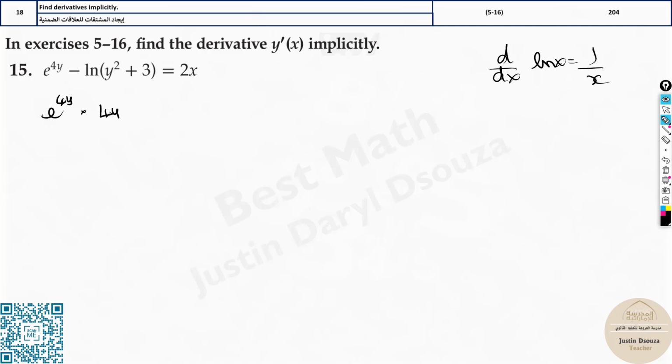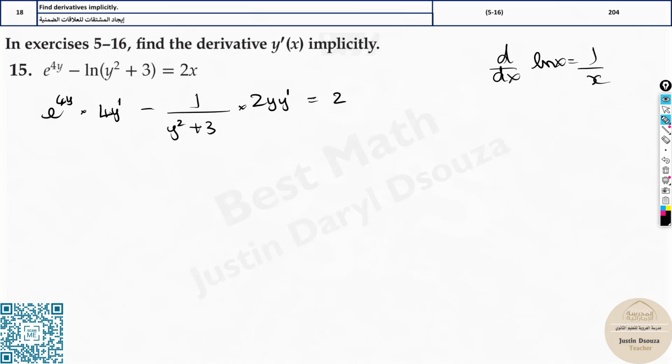That'll be 4y prime. So the derivative of e to the power 4y is 4e to the power 4y, y prime, minus. Now the derivative of the natural logarithm will be 1 divided by y squared plus 3. But after this, whatever the chain rule gives, you have to multiply it, so it will be 2y y prime, because the derivative of 3 is 0. This is all equal to the right side, where the derivative of 2x is just 2.